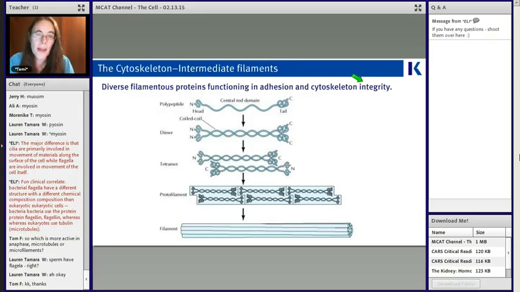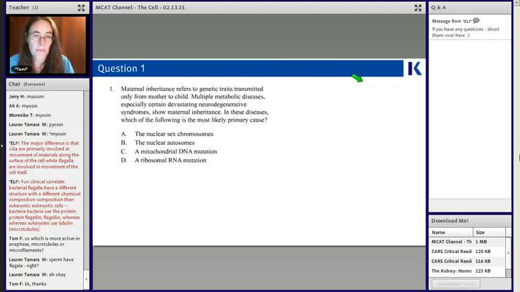So if we have a problem in some of these filaments, we can get diseases like Marfan syndrome. Okay, so we're really trying to bring in some clinical things tonight so that you can really see how just small things in individual cells or problems within individual cells can really cause larger problems within your patients.